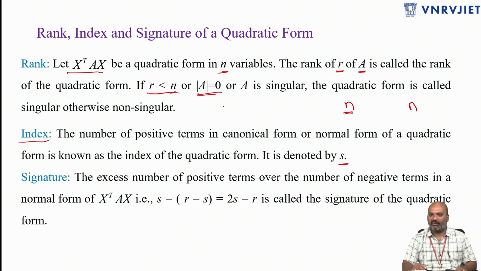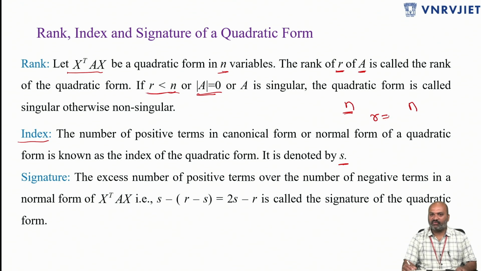If the determinant is 0, remember from eigenvalues and eigenvectors that at least one eigenvalue must be 0. In such a case, you get at least one zero term in the canonical form. That means the number of terms in the canonical form, instead of n, it is better to say r, since r is the rank of the quadratic form.